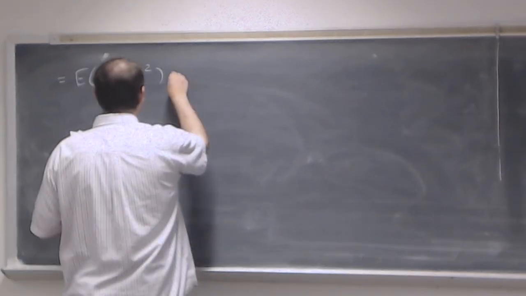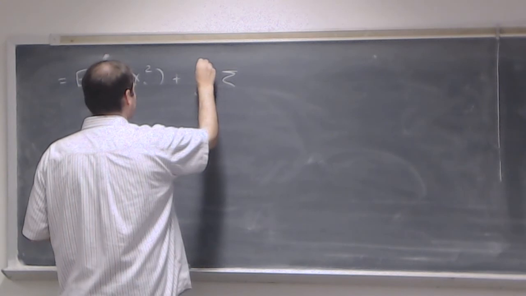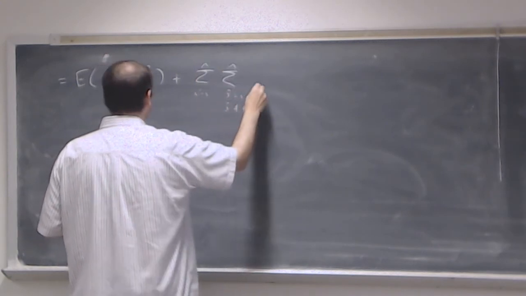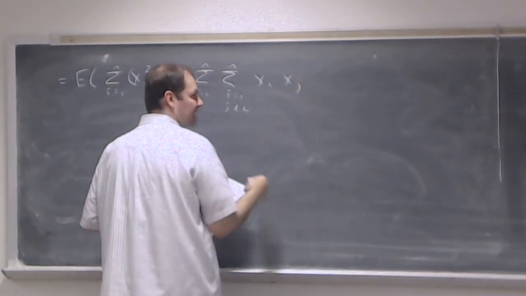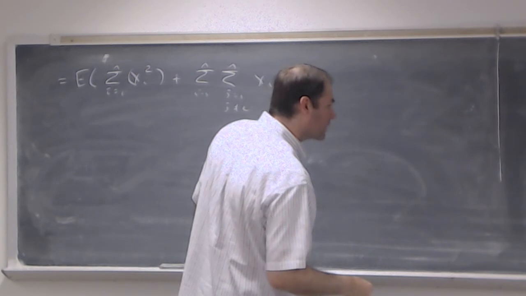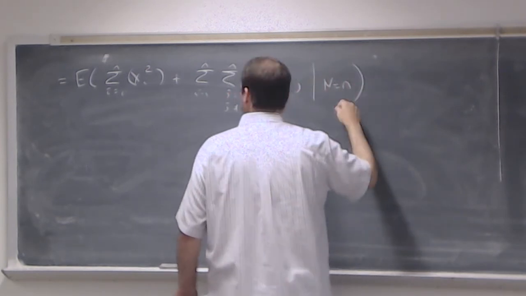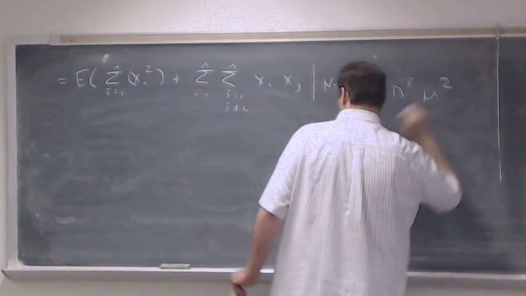And then we're going to also have a double sum, as i runs from 1 to n, j runs from 1 to n, j being different than i, of x sub i, x sub j. Okay, so there's guys like that, given N is equal to n. And then minus n squared, mu squared.